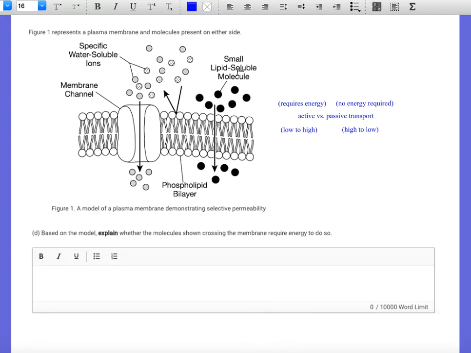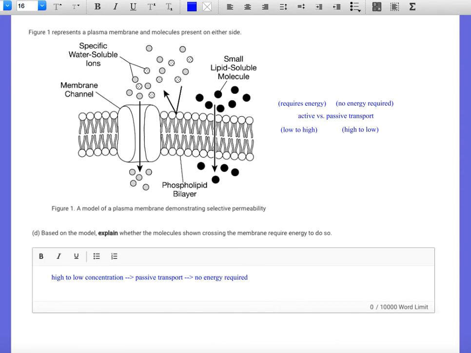Same thing here, higher concentration to lower concentration, so passive transport, which means no energy required. High to low concentration leads you to passive transport, which in turn means no energy required.